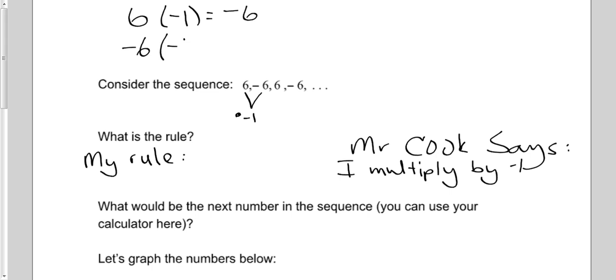If I multiply that by -1, remember Mrs. Driscoll's treatment, boom, boom, that equals +6. So times -1 equals +6. And then times -1 again gets me -6. And then times -1 again should get me +6 again. So my rule is I multiply by -1 every time.